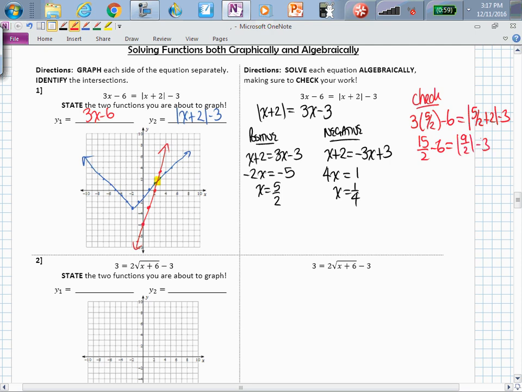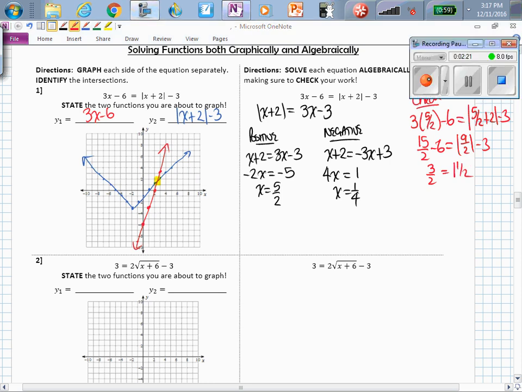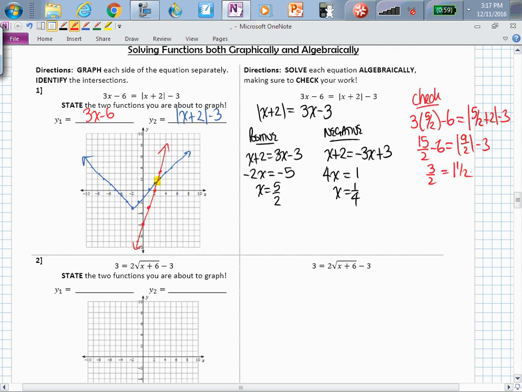So 15 halves minus 6 is 3 halves, and 9 halves minus 3 is 1.5. So my answer is correct.